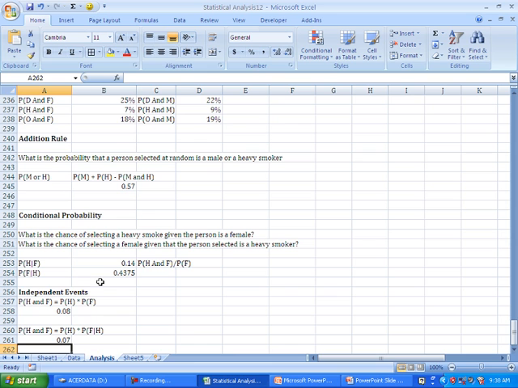So in general, we see this kind of relationship exists, because we know that the probability of F given H is nothing but the probability of F and H divided by the probability of H. So do a cross multiplication, and you will get the probability of F and H is nothing but the probability of H into the probability of F given H. But if it so comes out that it is the multiplication of their independent or marginal probabilities, we associate that with independent events.